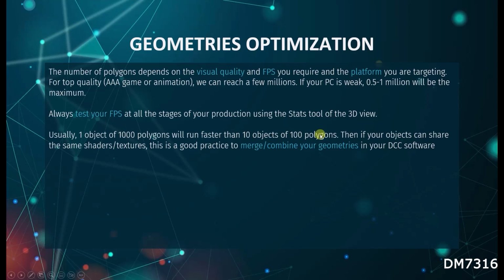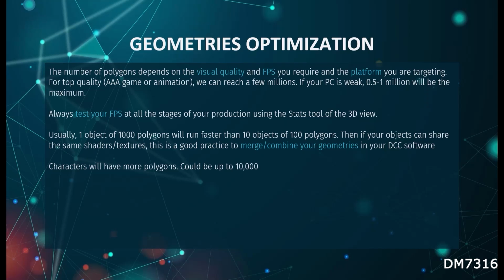The number of polygons is the same, but it prefers to have a minimum of objects. So usually we try, when we can, to merge or combine the geometries in Maya before importing them in Unity. Sometimes it's not possible because of the texture.